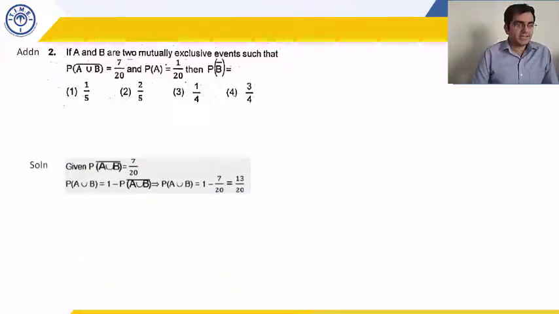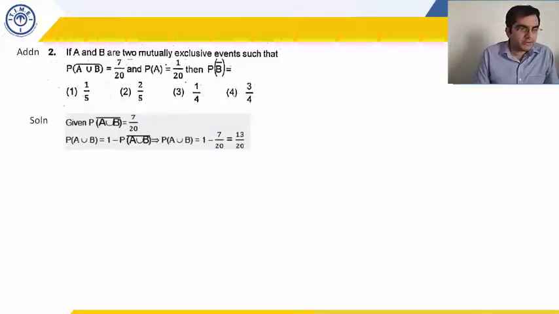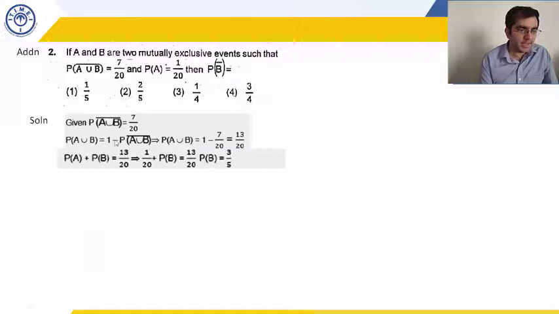Let's solve. Let's see what do we have. So first you are given probability of A union B complement is 7 by 20. So probability of A union B you can calculate as 1 minus 7 by 20, that is 13 by 20. You have A union B now, and P of A plus P of B will be equal to A union B. But where is P of A intersection B?